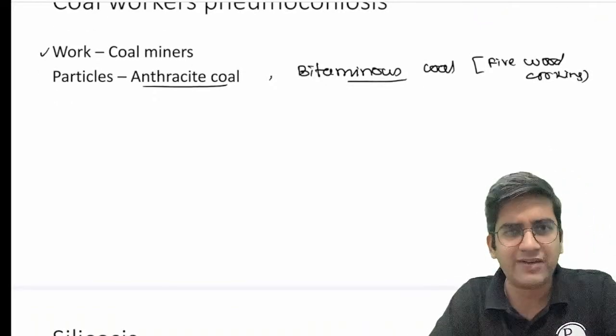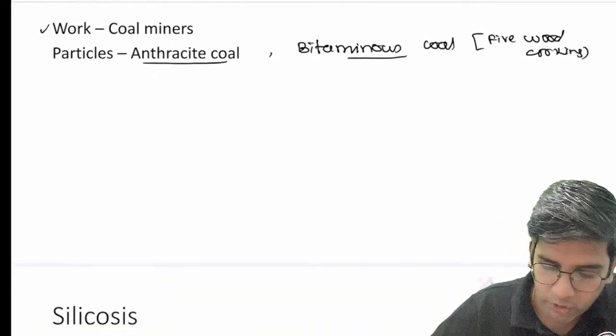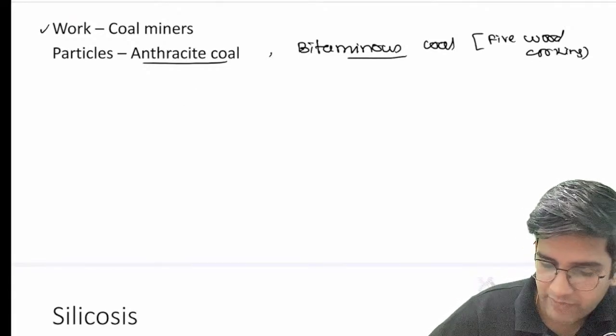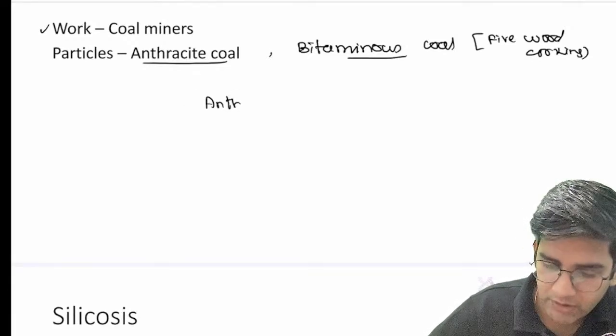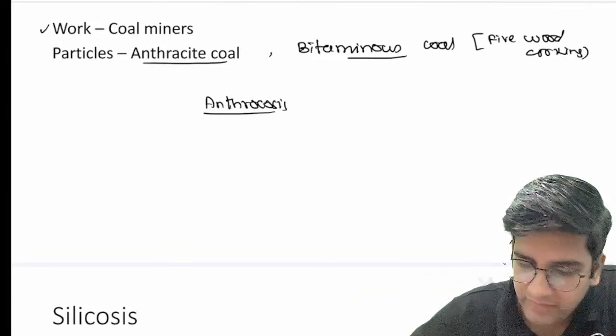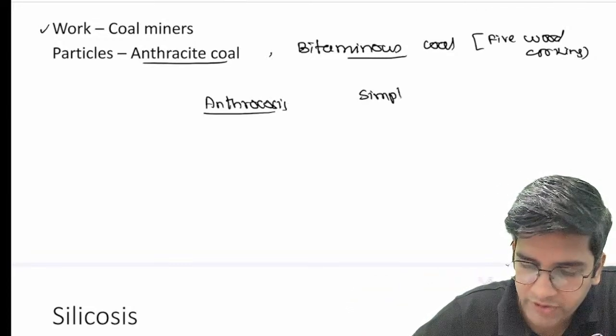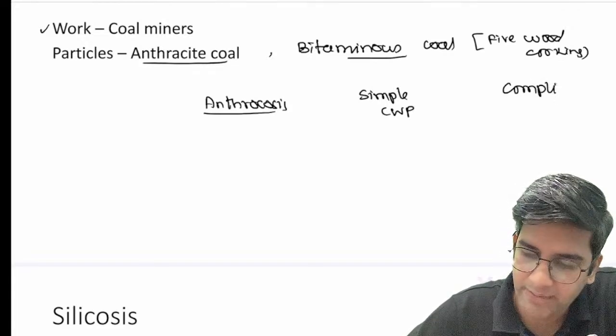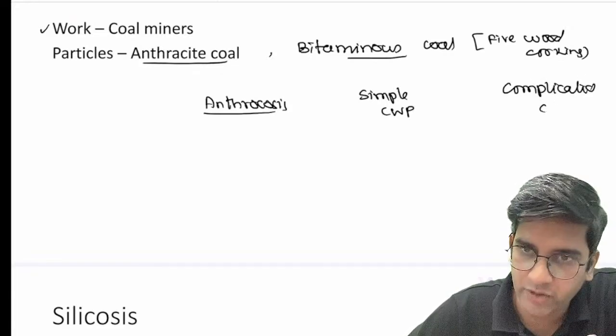In coal workers, I have anthracite coals. That's all, fine. In coal workers pneumoconiosis, we have three different diseases. We have anthracosis, though it's not a disease, that's a starting point where every one of us will have. Then I have simple coal workers pneumoconiosis, simple CWP, and then complicated CWP, complicated coal workers pneumoconiosis.